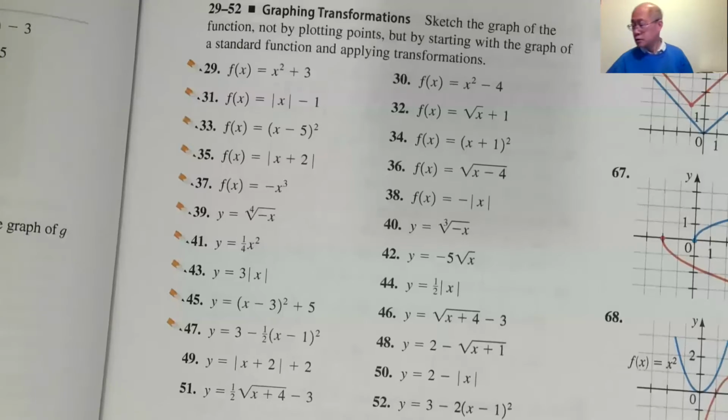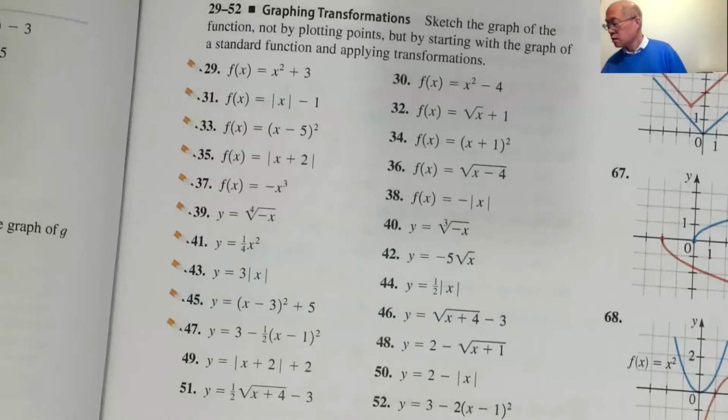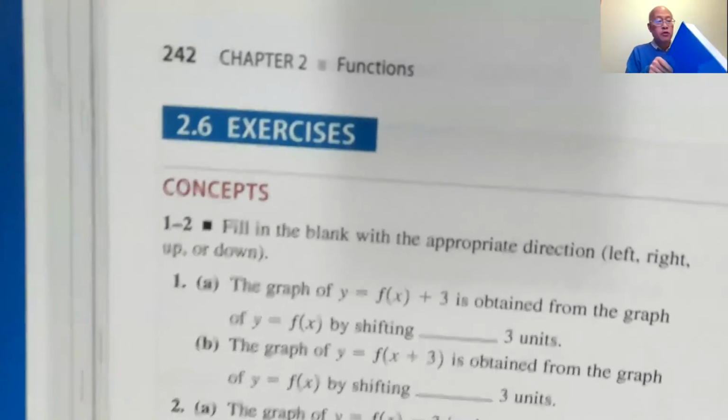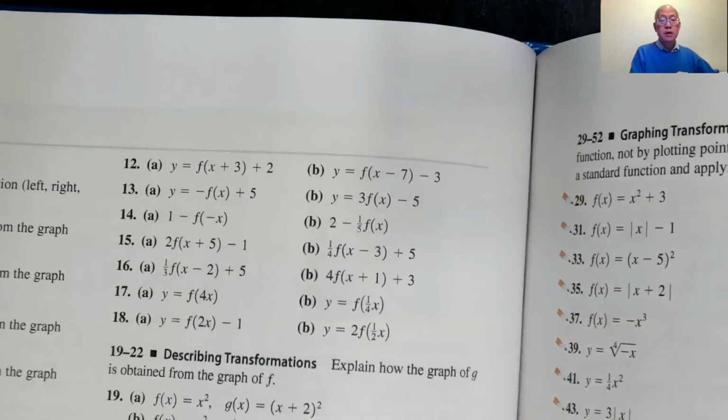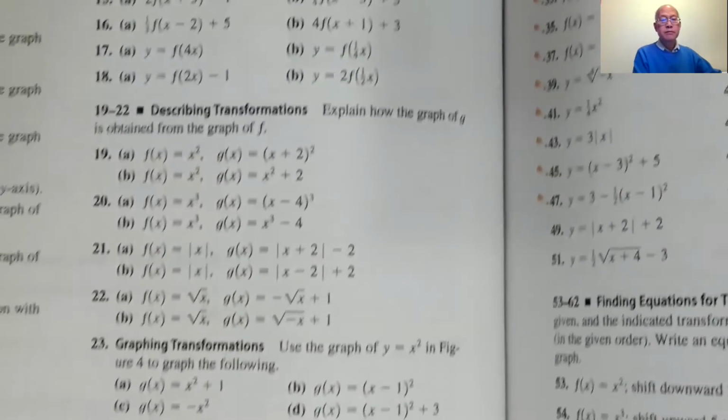This is section 2.6, transformations. All right, so we have to do 7 through 69 odd. So page 242, 7 through 11. Some more there.